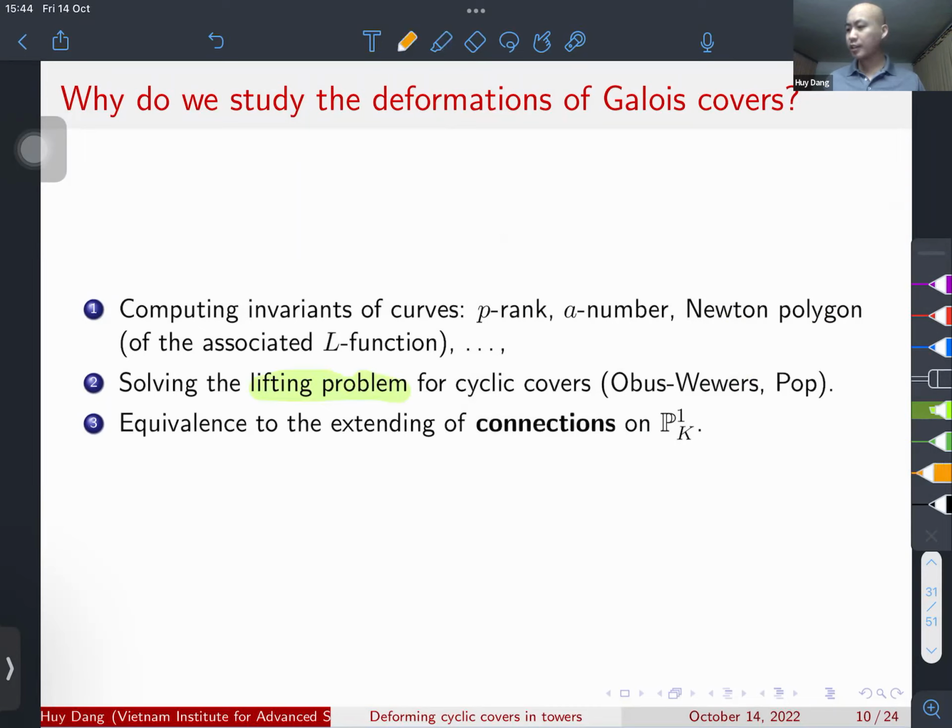A connection here should be viewed as a system of differential equations, or p-adic differential equations. Yeah, so that appears in many works, even quite recently.